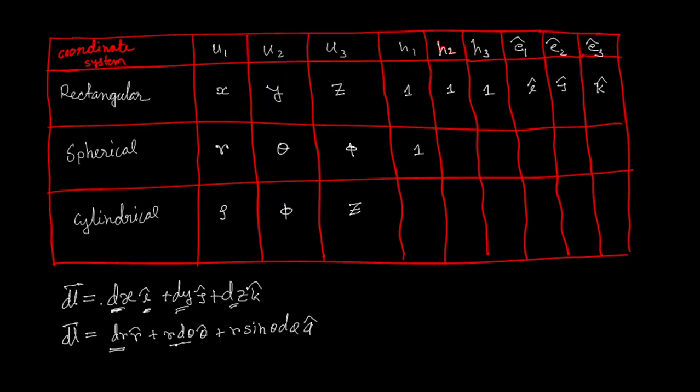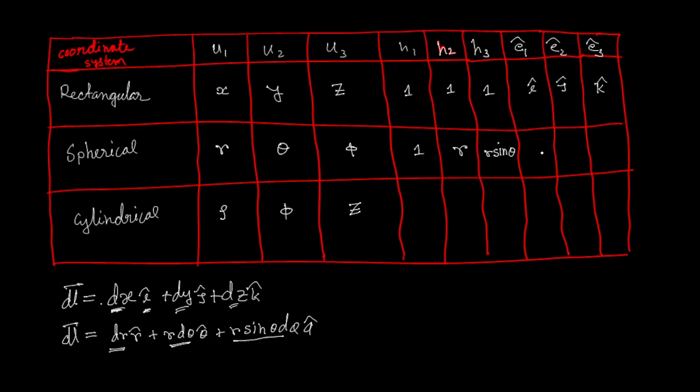Elementary length along theta is r d theta, so what is the coefficient of d theta? r. And elementary length along phi is r sine theta d phi, so what is the coefficient of d phi? It is r sine theta.